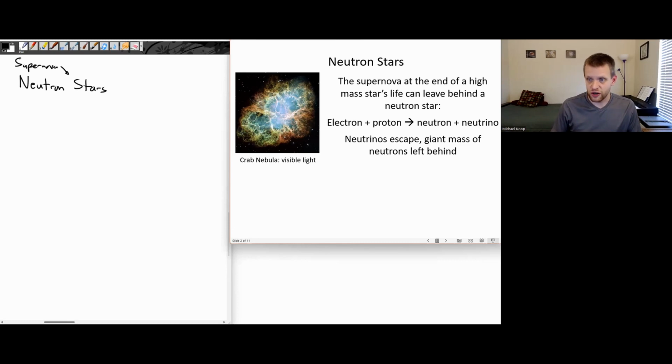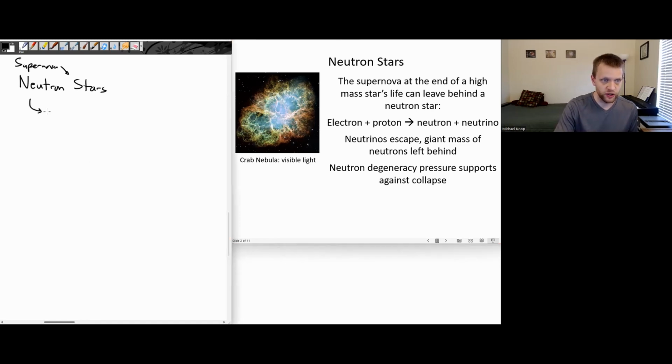So this neutron star is really just this giant ball of neutrons. And we currently don't know too many of the details of how matter exists in this crazy, extreme state. What supports this against collapse is something called neutron degeneracy pressure.